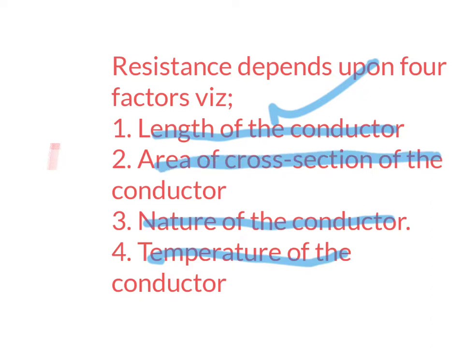It is inversely proportional to the area of the conductor, so if you increase the area, resistance will decrease. It also depends on the nature of the conductor, called resistivity, denoted by symbol rho. And fourth is the temperature: if you increase the temperature, the resistance will increase, because resistance is directly proportional to the temperature of the conductor.